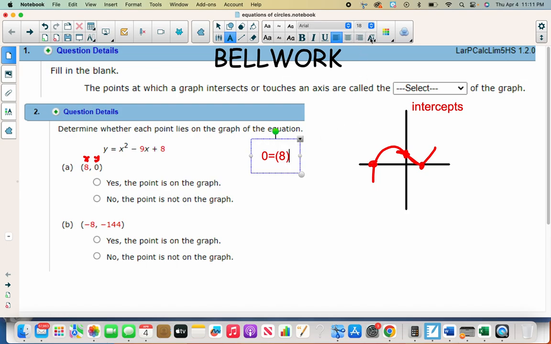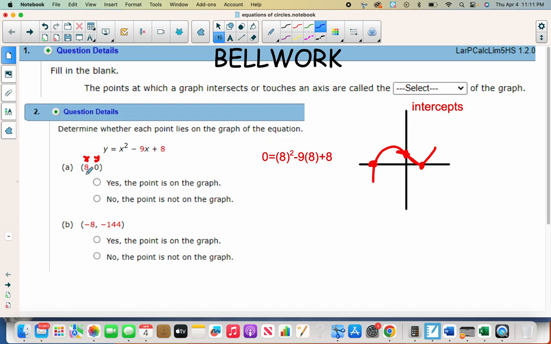I guess we're going to have to do this way. 8 squared minus 9 times 8 plus 8. All right, all I did was substitute this 8 in for every x.